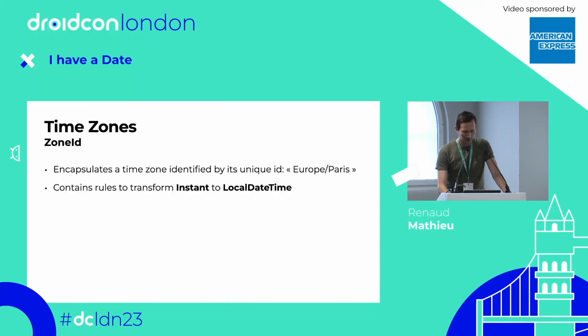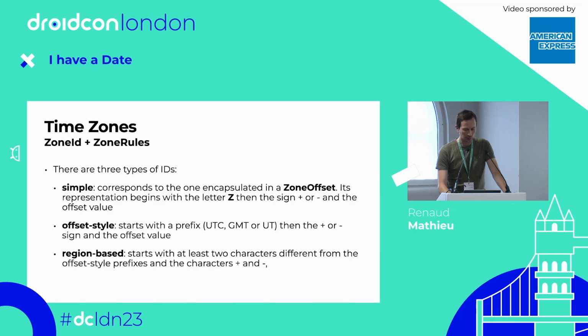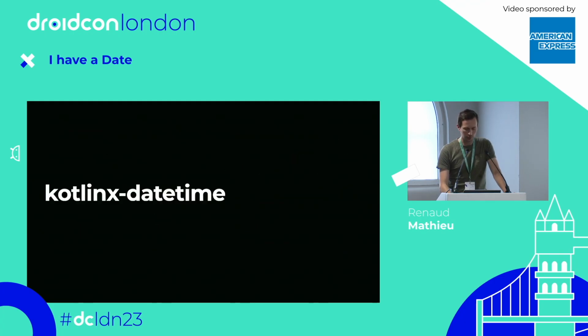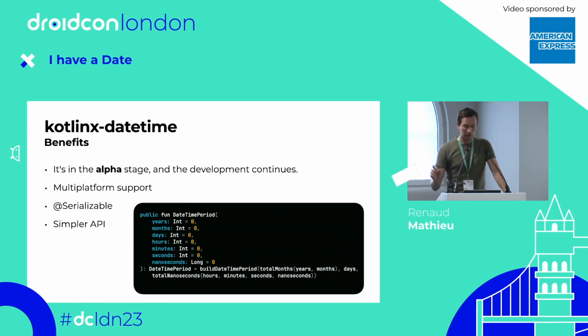The time zone here. So, of course, we can set up the time zone. But what I would like to finish with is kotlinx-datetime. That's the question you might ask yourself. It's in alpha stage still. It has been a long time in alpha stage, but the development continues. It has multiplatform support, and what is great is it's serializable by default.